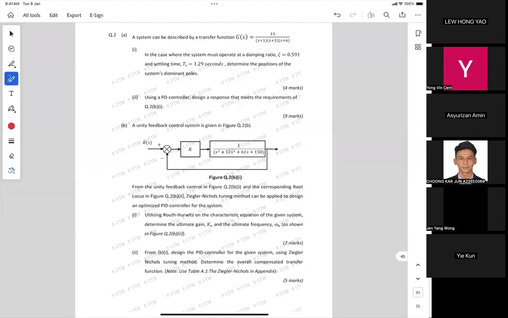Okay. Question 2. How to do it? So it is a system type 0.